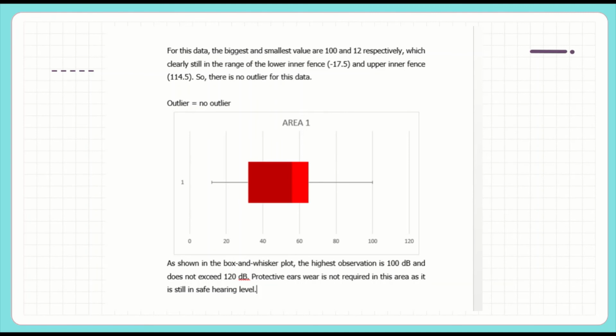So there is no outlier for this data. So the box and whiskers plot is given in the diagram. As shown in the box and whiskers plot, the highest observation is 100 decibels and does not exceed 120 decibels. Protective earwax is not required in this area as it is a safe hearing level.